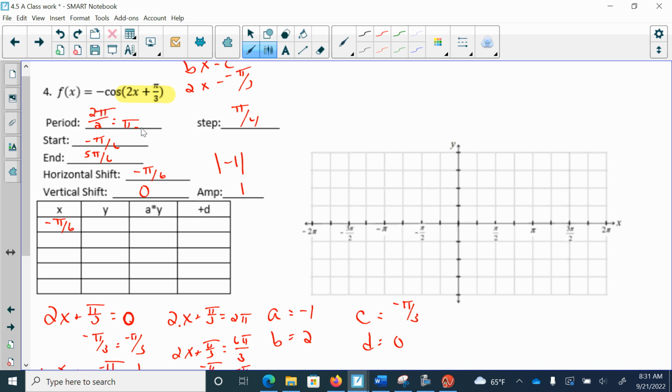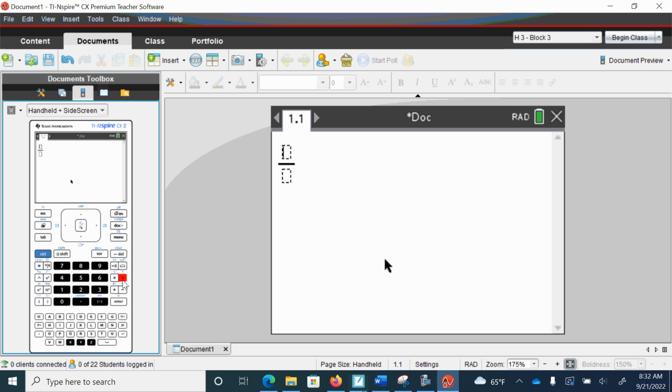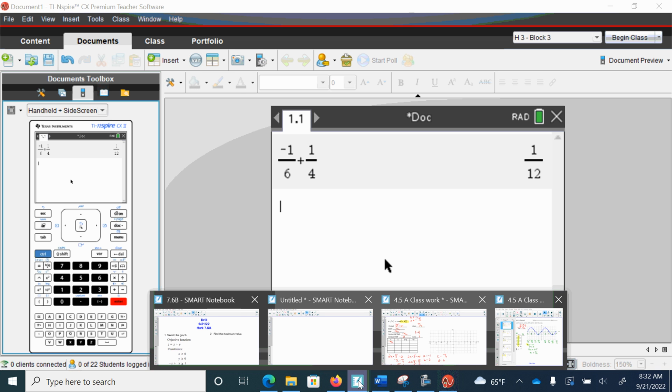Unless you change everything to 12ths, which I don't think you're going to do, I'll use the fraction option and start at -1/6. Then I add 1/4, and I get 1/12, so I'm going to write pi/12.